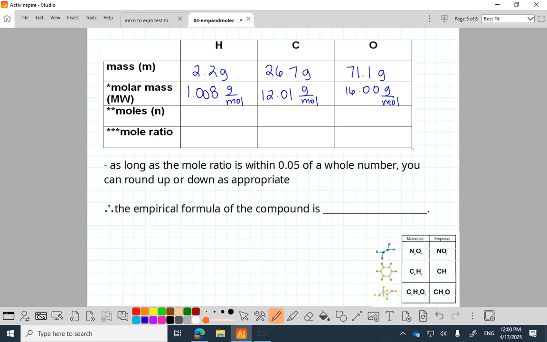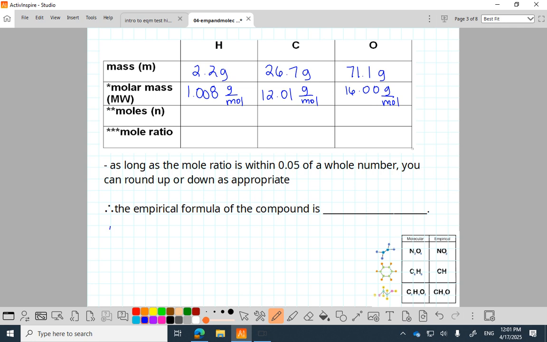Okay, so again, using the chart, you're going to do this row divided by this row gives you this number. This row divided by this row gives you this number. This row divided by this row gives you this number. You can show only your answer. That's fine. If that bothers you and you want to write it out all separately, you can do that too.